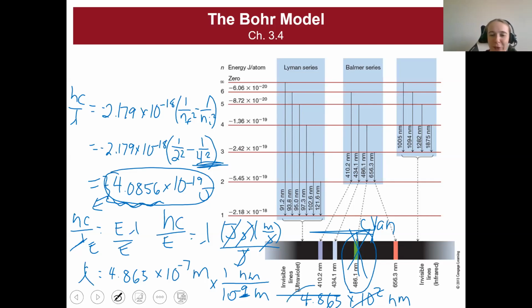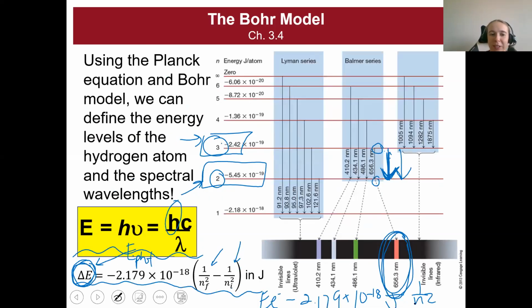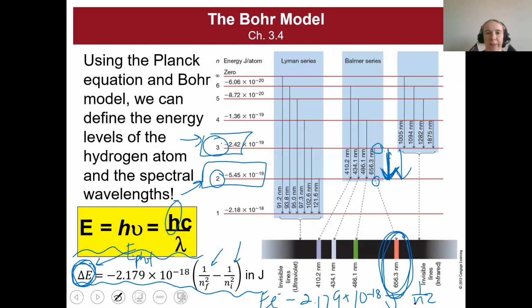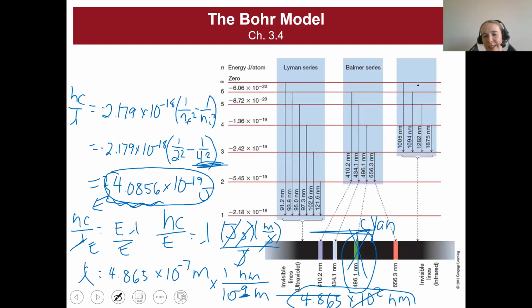And we got 486.5 nanometers, which corresponds to the cyan line, like I said on this slide. I apologize. I'm sure this is going to be really confusing. I can remake this video if you need me to, but just ignore what I said before about the green line and ignore this image here where it has a green line instead of a cyan line.